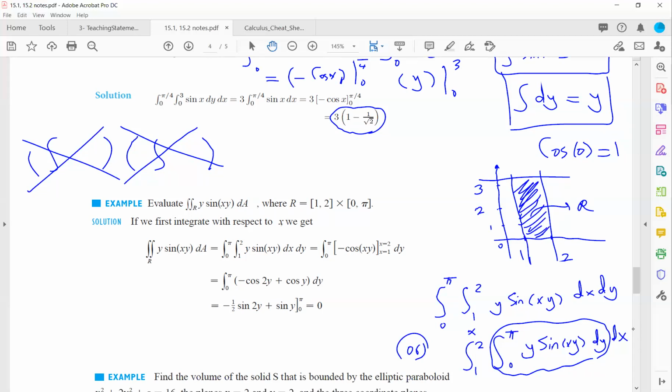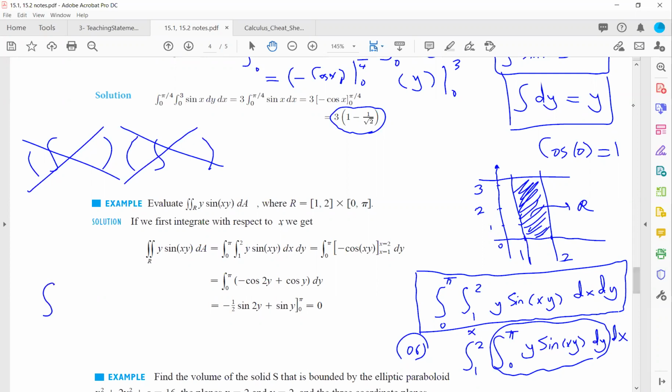So before taking a double integral, always check to see which one is easier to work with. We prefer to find the integral in this case. First, we take the integral with respect to x, then we take the integral with respect to y.